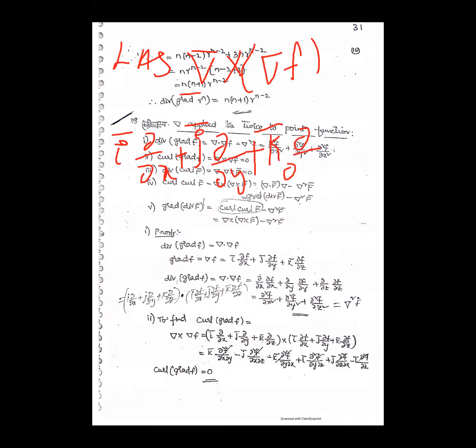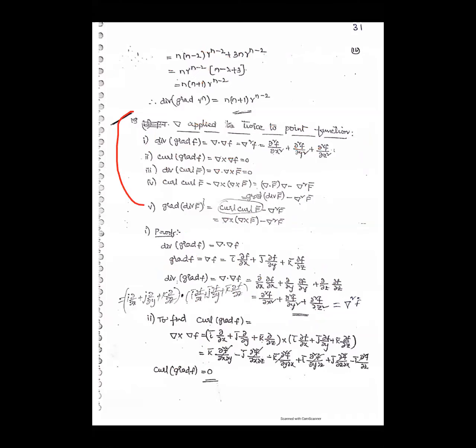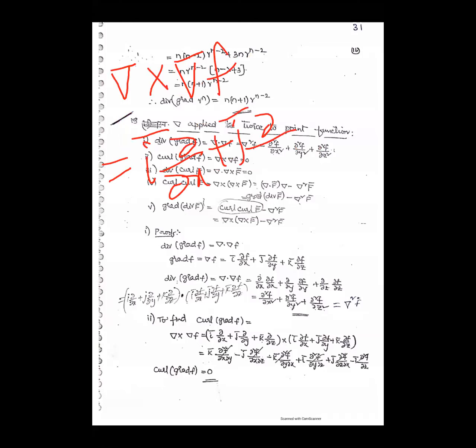This is the formula of del. Del cross del f: i dou by dou x plus j dou by dou y plus k dou by dou z cross del f.